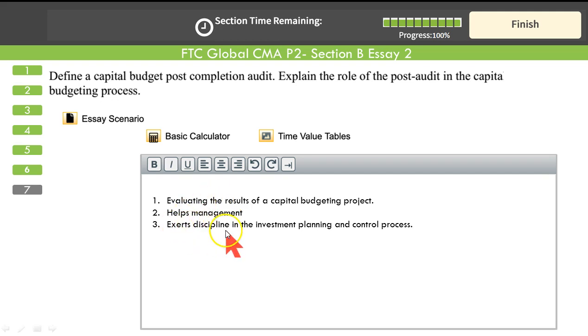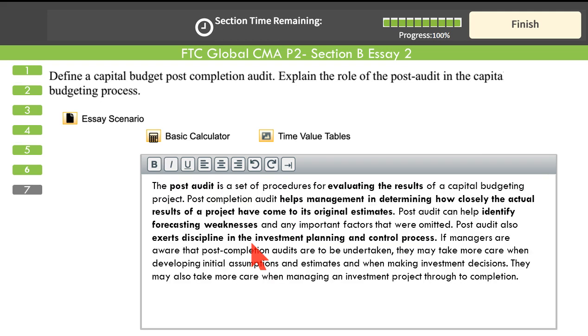So it exerts discipline in the investment planning and control process. Managers will take care because they will know that they have to give authentic numbers, the numbers that can be verified at the end of the life. They will not try to paint a good result. In fact, the project might not be worthwhile at the end, right?